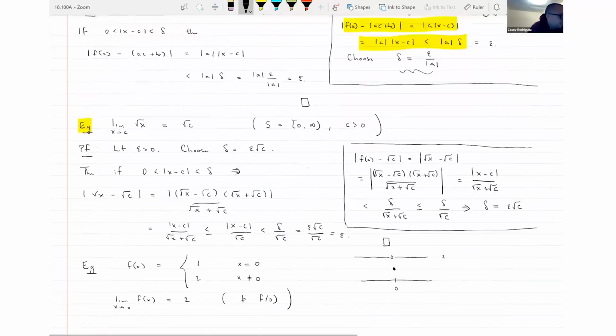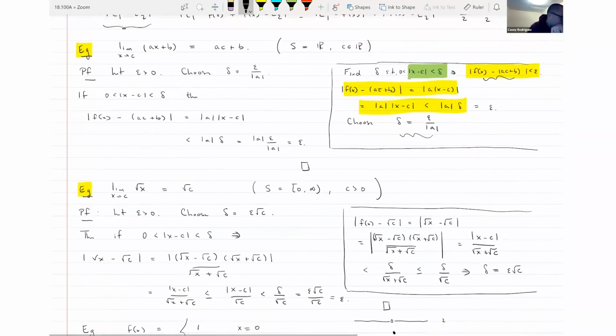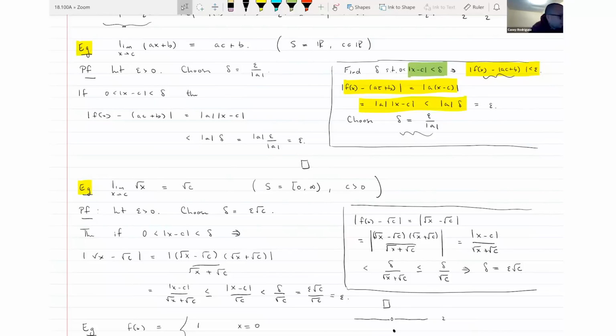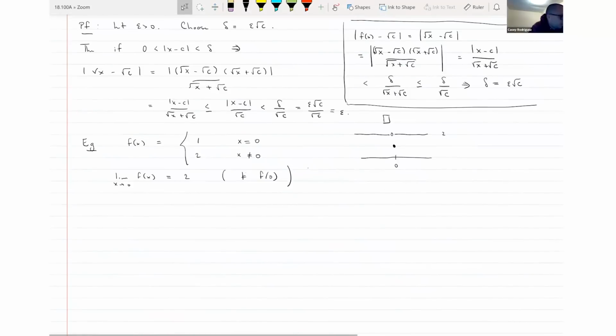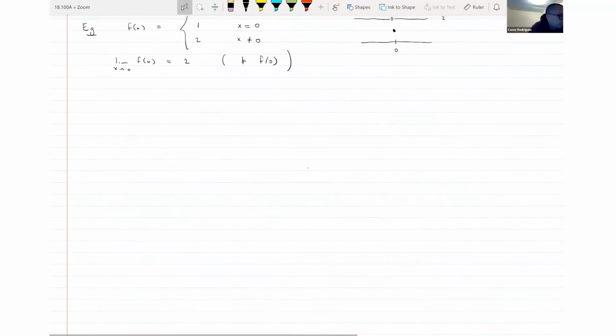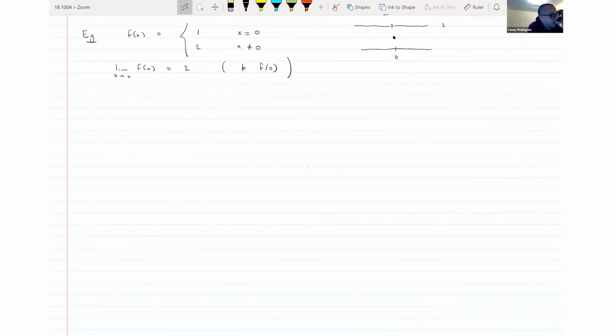If we look back at these two examples that we did a minute ago, the limit as x goes to c of both of these examples was I just plug in c to the function, right? But for this example, that's not the case, right? The limit is not equal to the function evaluated at the point. Again, highlighting that limits don't care about the function evaluated at the point, they care about what's happening near the point, okay? And near the point, f of x is just equal to 2, identically, okay?